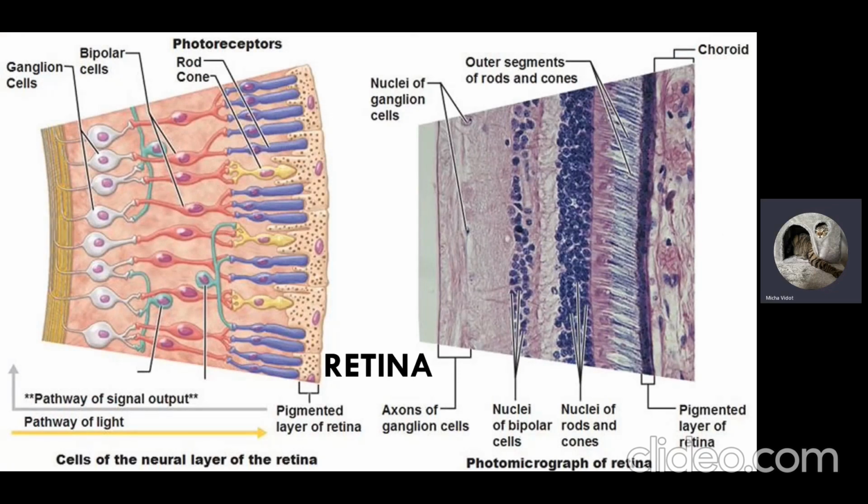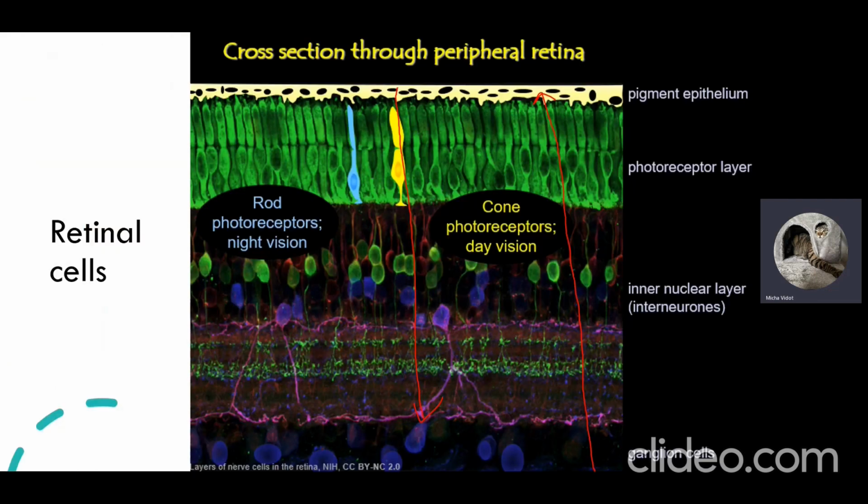The retina is made up of two layers. You have the inner layer, which is the neural retina, and the outer layer, which is the retinal pigment epithelium. Looking at a cross-section through peripheral retina, on the innermost layer of the retina are the ganglion cells, which have axons.